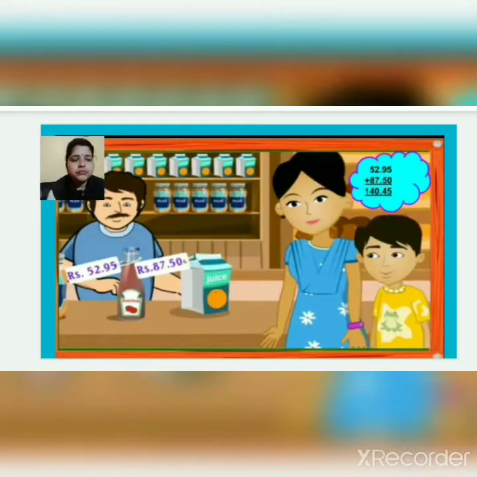The same applies here, but in this case decimal points are given for both numbers, 52.95 and 87.50. So how to add both the numbers? As you can observe in the bubble, it is given 52.95 and 87.50.